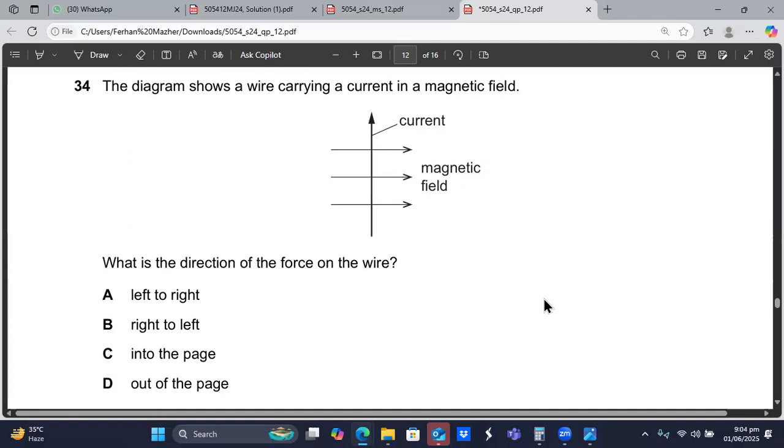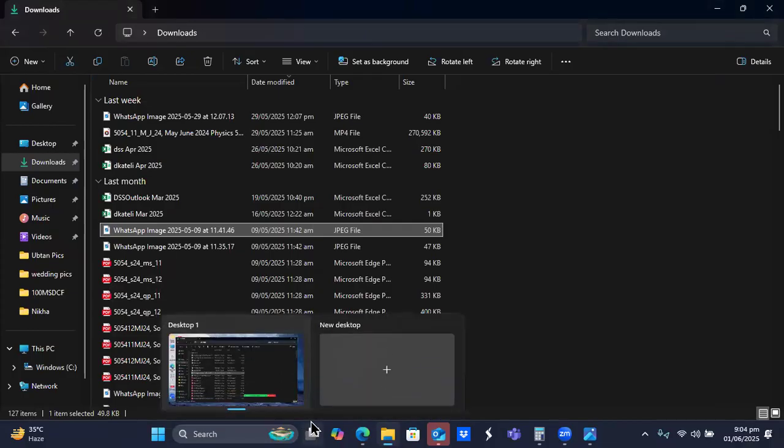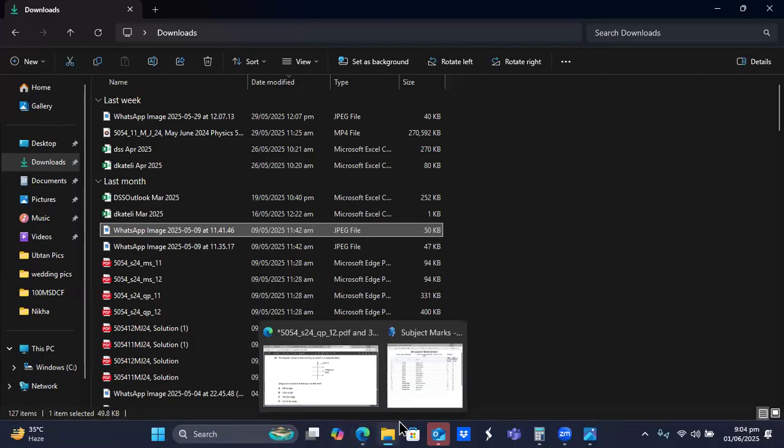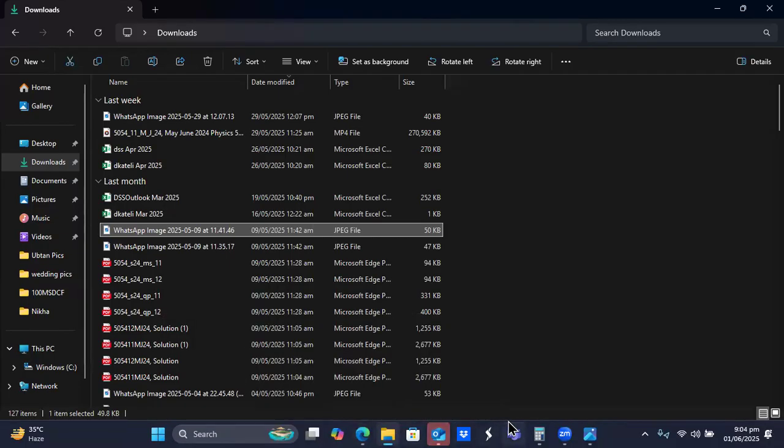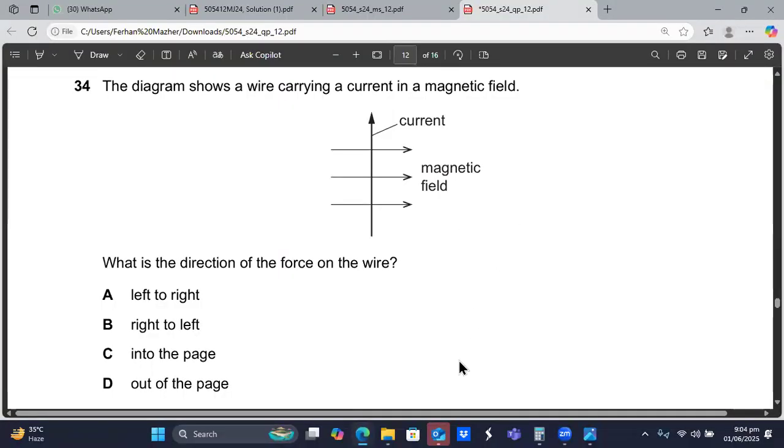So just forget it. Okay. Okay. Let me. New desktop. I am not. I don't know. I just wanted to show you how this left-hand rule thing is used. Okay. So I'm sorry. I just took some time.